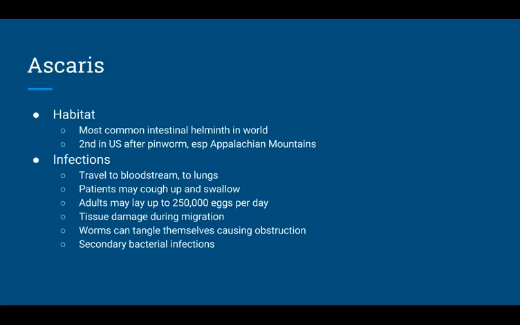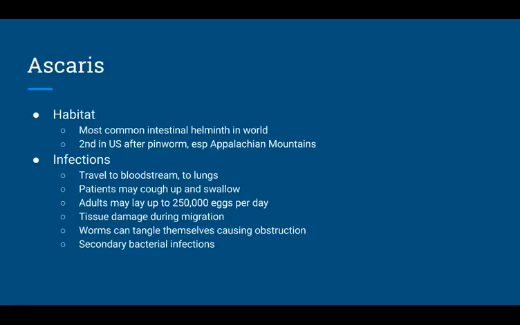In ascariasis, the worms may cause tissue damage when they're migrating from the different body areas. Patients may have abdominal pain, fever, vomiting, distension. Mature worms can tangle themselves up, causing obstructions in the intestine, the appendix, liver, bile duct, and they can even cause death.